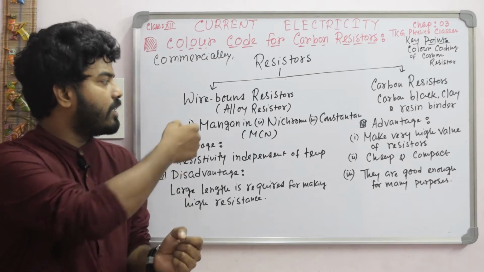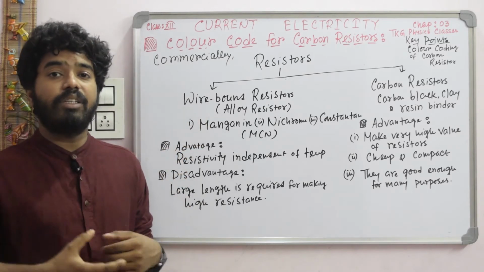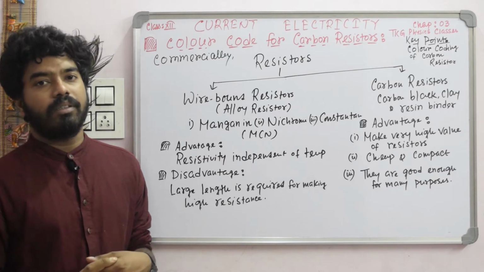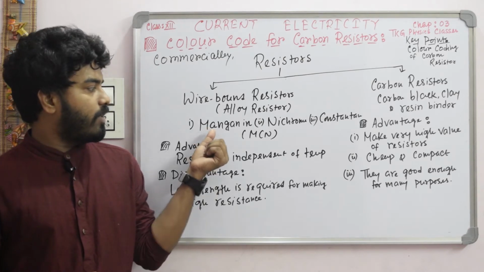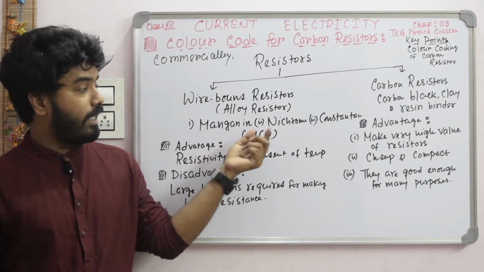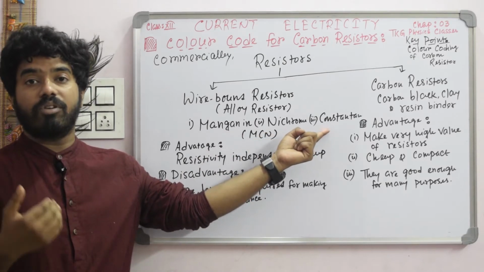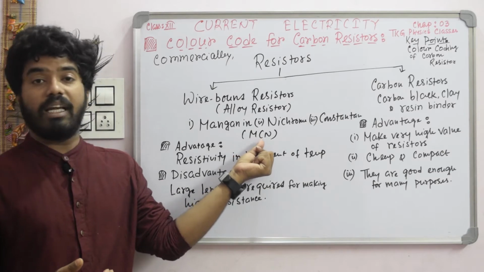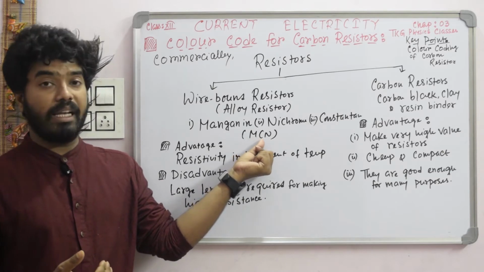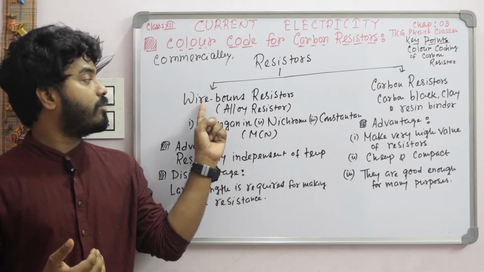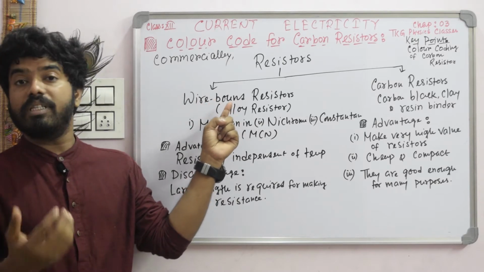These types of resistors are made with the help of some alloys. For example, the first is manganese, second nichrome, and third constantan. For short form you can say MCN. With the help of MCN we can make these types of resistors, which are called wire bound resistors.